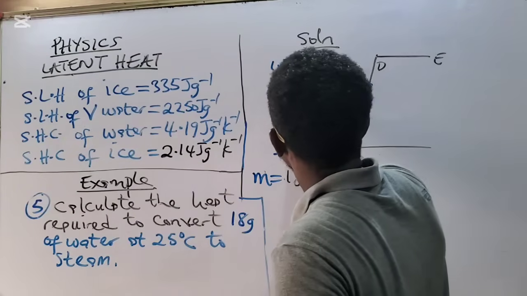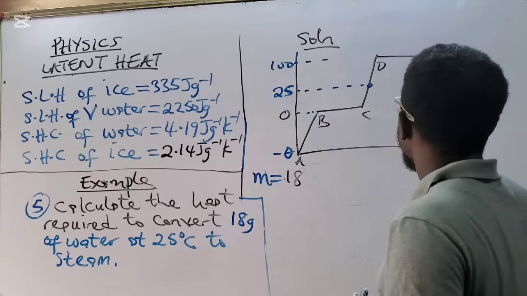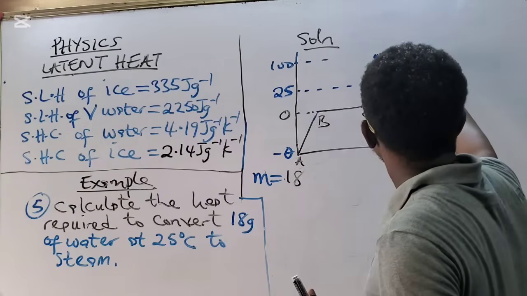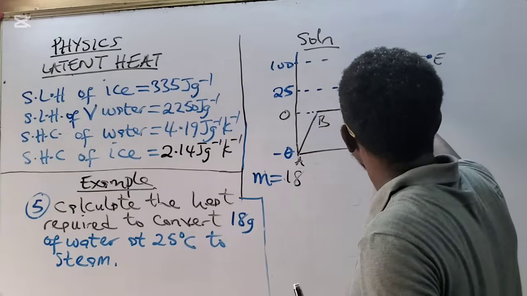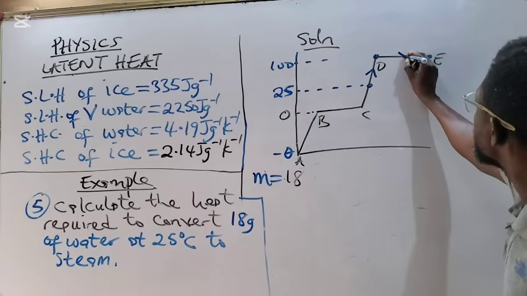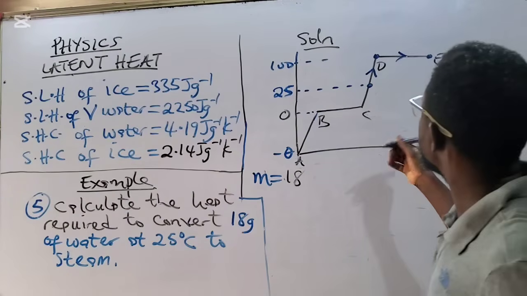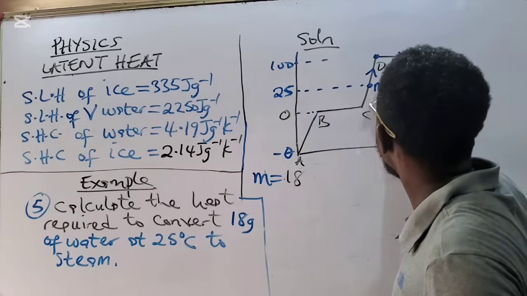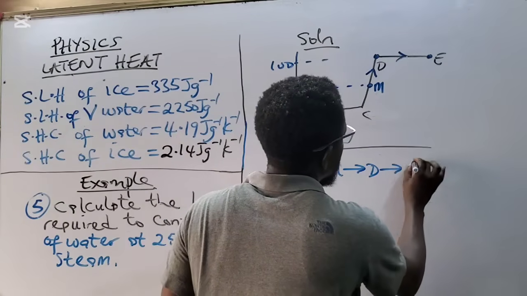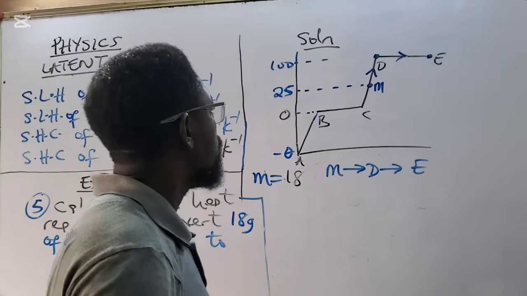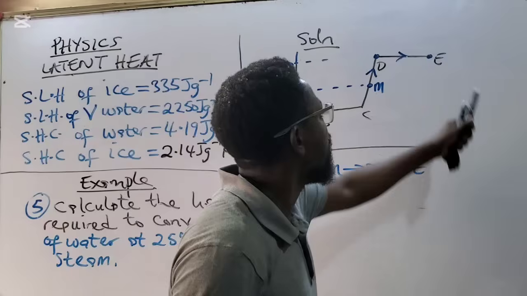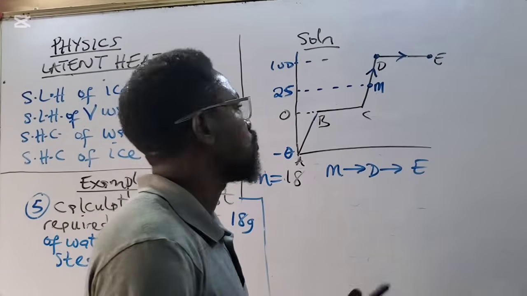Now at this point you have water at 100 degrees C, and here you have steam at 100 degrees C. So let's call here point M. We'll move first from M to D, then from D to E. So I have two calculations. The first one is for the increase in temperature. Another one is for what? The vaporization at a constant temperature.